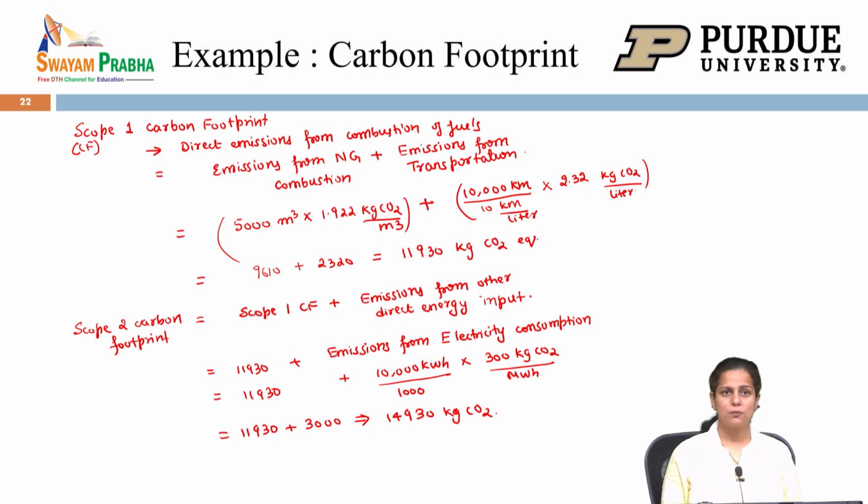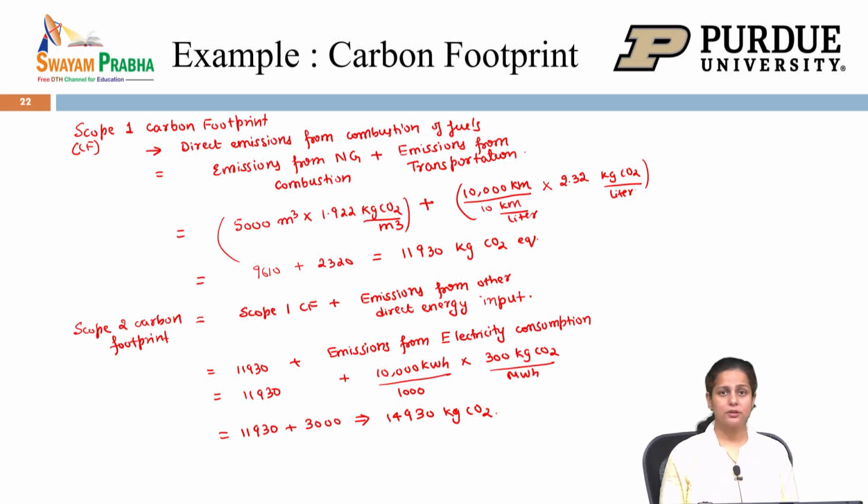So, here the process was consuming 10,000 kilowatt hour of electricity and the emission factor for electricity for that region is 300 kg CO2 per megawatt hour, and we convert the 10,000 kilowatt hour into megawatt hour and we get about 14,930 kg CO2 equivalent of scope 2 carbon footprint.